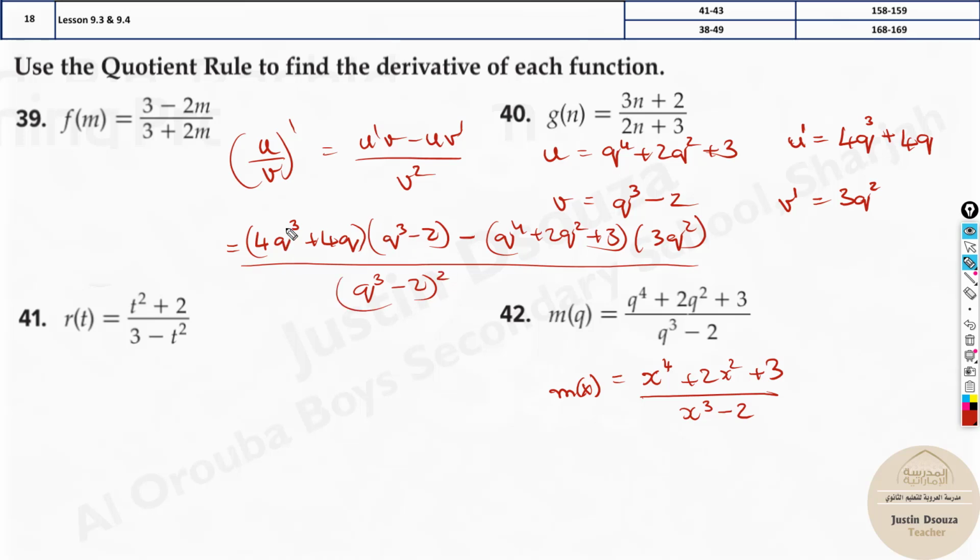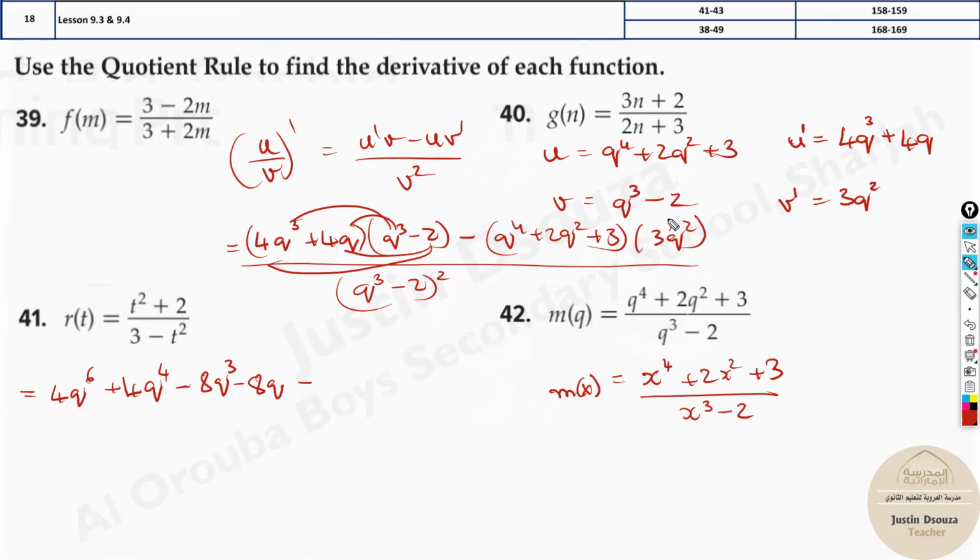Now we have to multiply the above terms and try to simplify as much as possible. So multiply this, and even the minus 2 on both sides. So it's going to be a long one. It'll be 4q to the power 6 plus 4q to the power 4 minus 8q to the power 3 minus 8q.